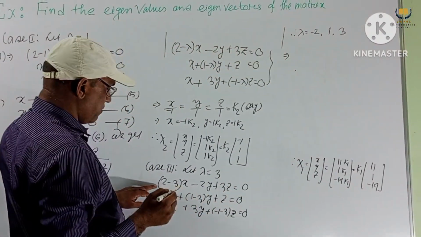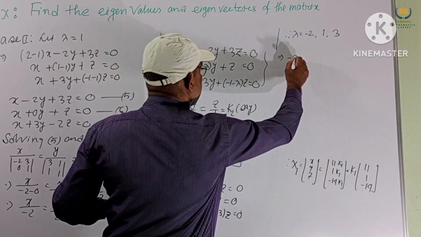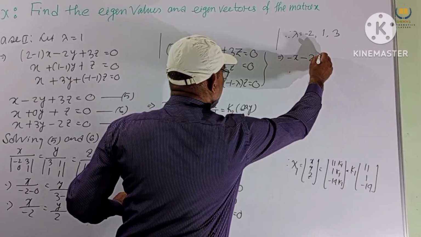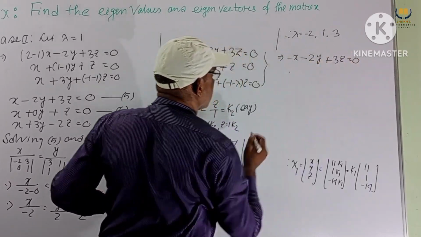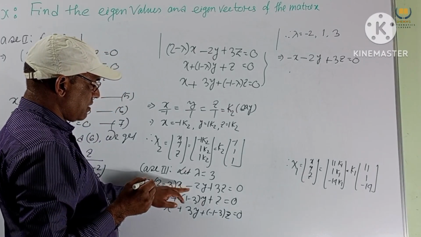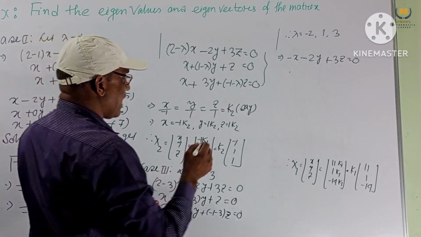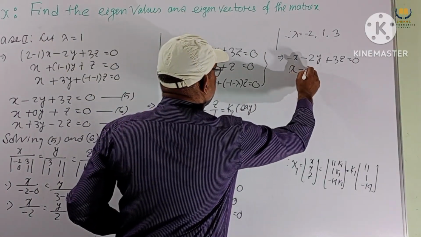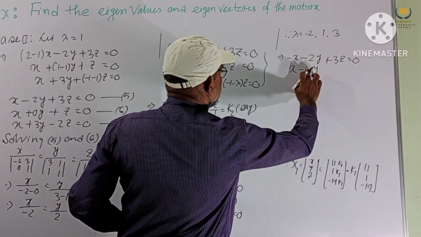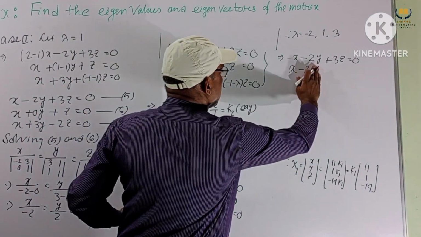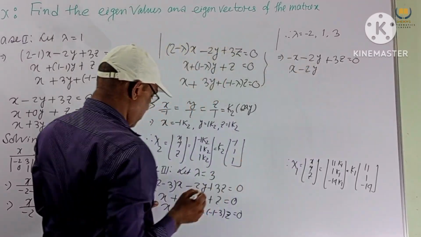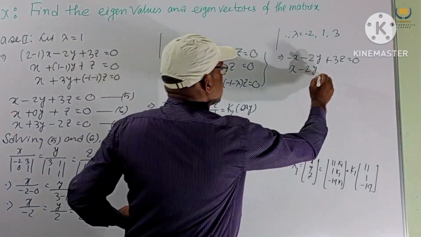So ultimately we get this one, minus x minus 2y plus 3z equal to 0. Then x minus 2y plus z equal to 0.